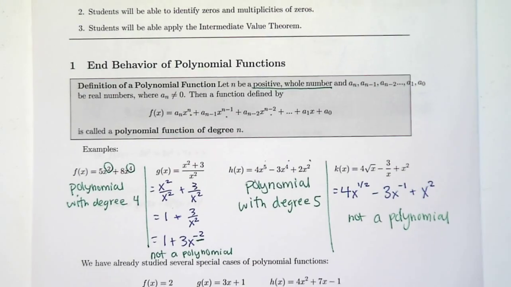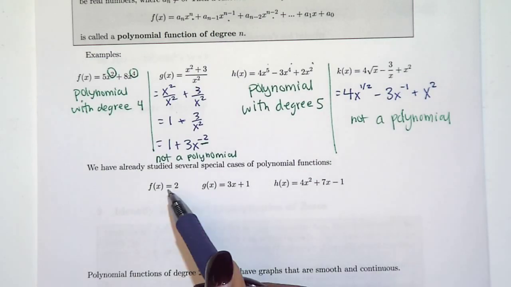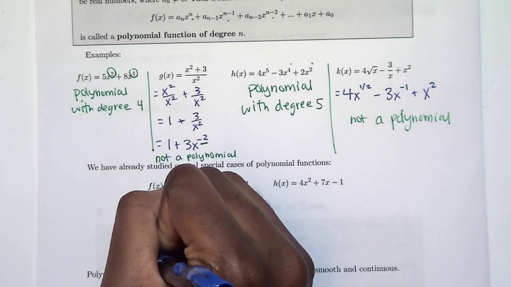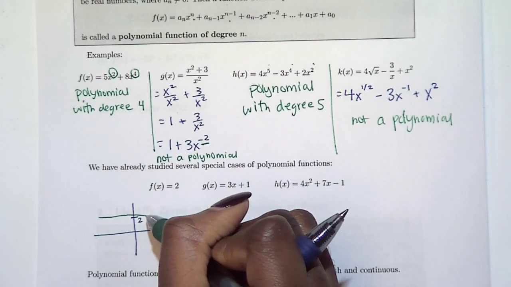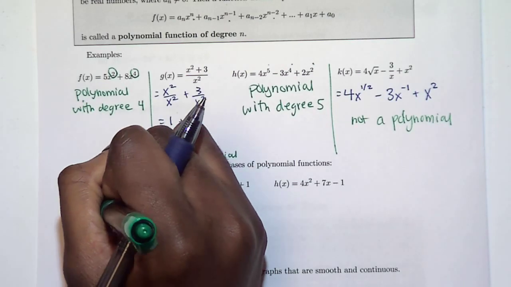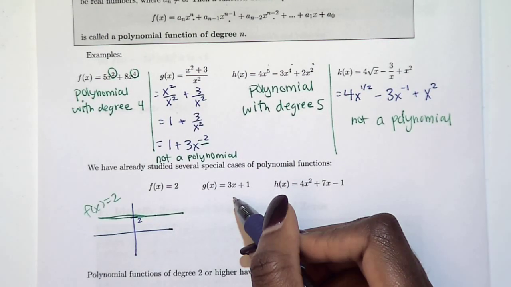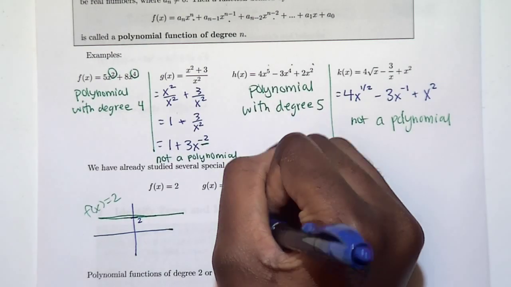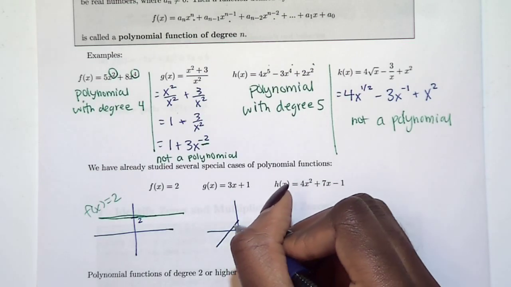And so we've actually seen several cases of polynomials in our studies already, right? F of x equals 2. This is a polynomial. This is just the horizontal line at y equals 2. This line that's slanted, 3x plus 1, looks something like this.